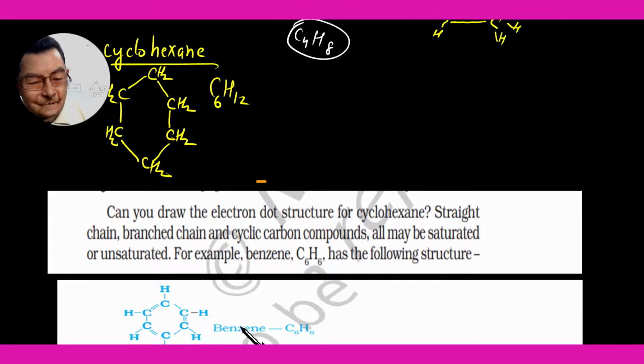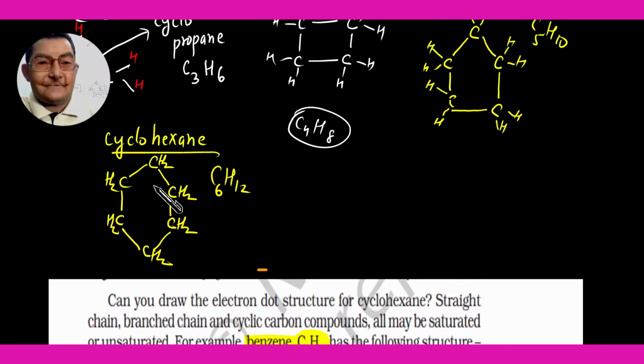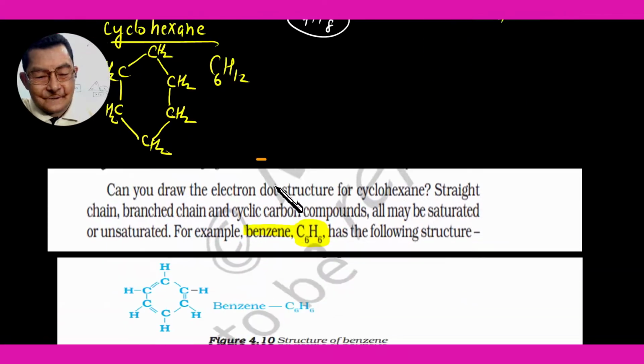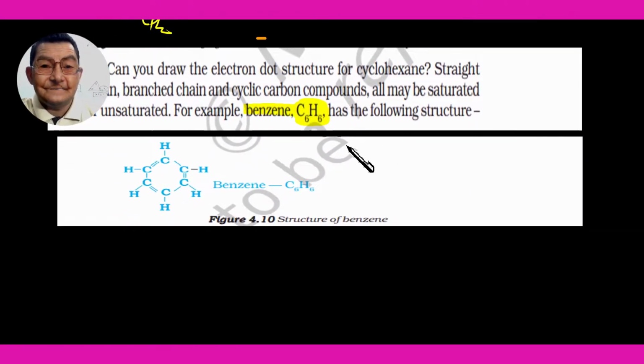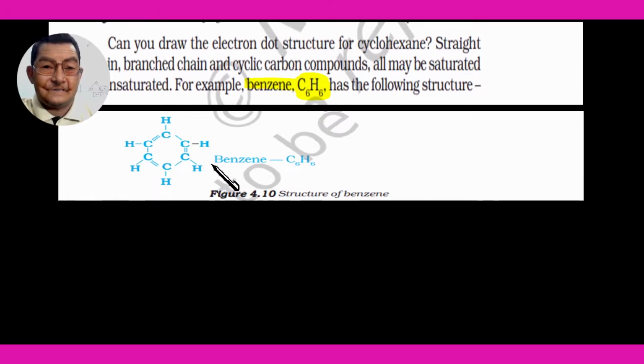And then they talk about a beautiful structure, benzene. Benzene, C6H6. Listen carefully, C6H6. Just now we have drawn cyclohexane, which was C6H12. But now, surprisingly, we have got only 6 hydrogens, and this is the structure.